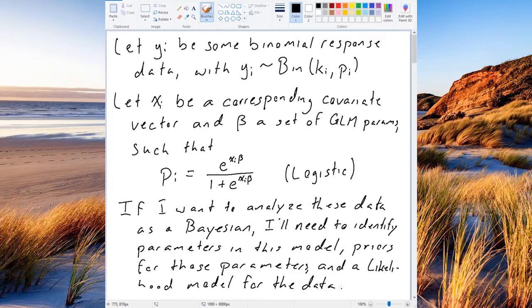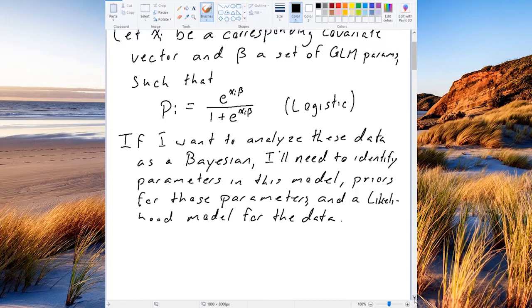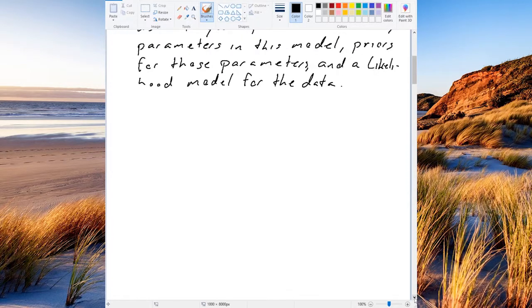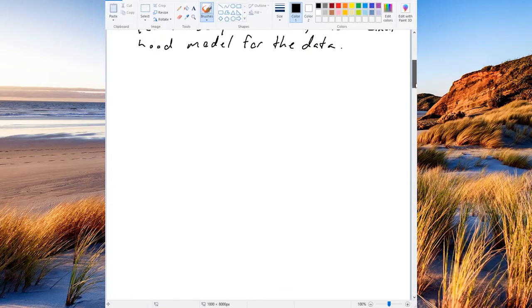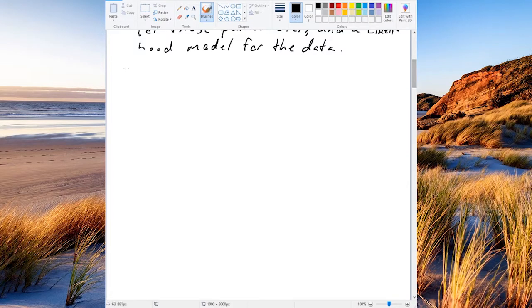So I'm going to need parameters in this model. I'm going to need priors for those parameters and a likelihood to relate the data to those parameters. So first of all, what are our parameters?